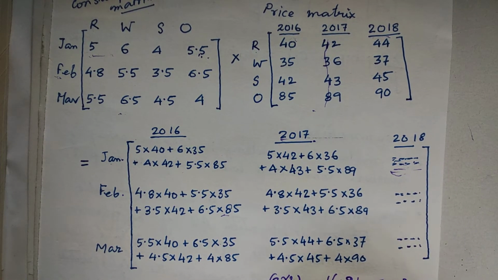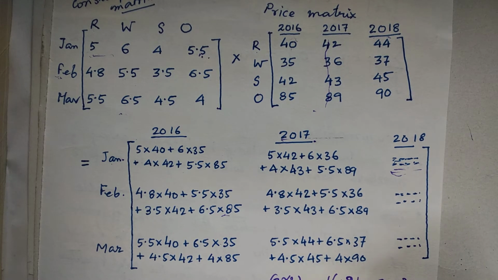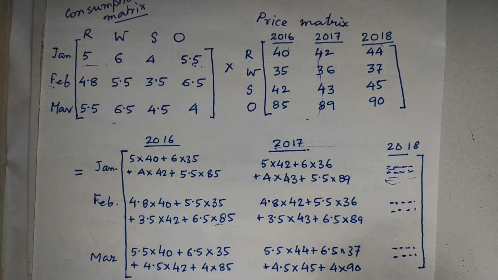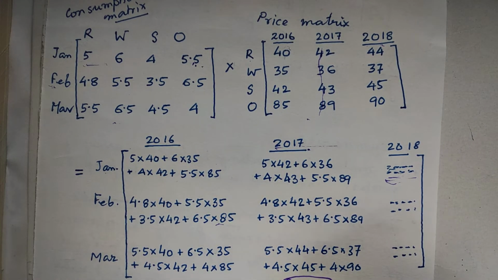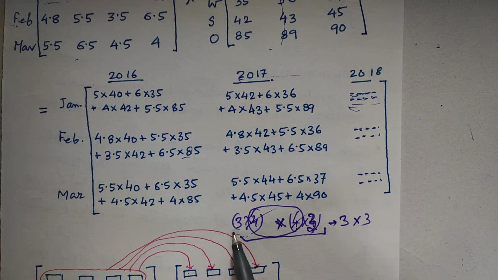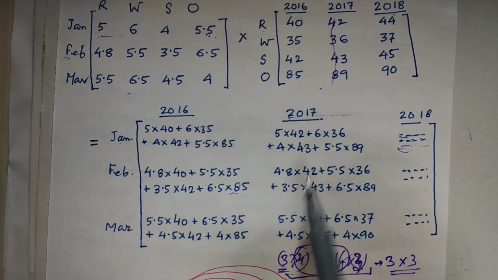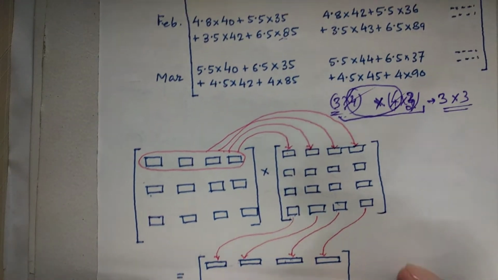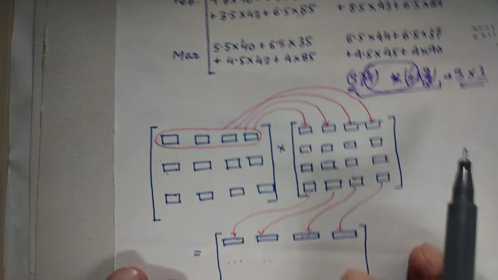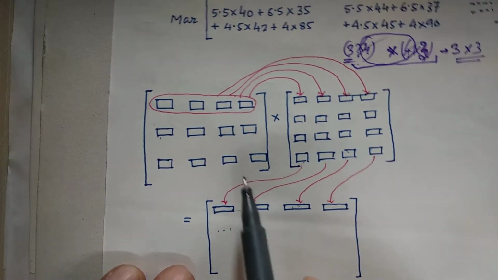Upon multiplying these two, we get a 3 by 3 matrix. Wipe out these two, you will get a 3 by 3 matrix, like the one presented here. In this way, the general method of multiplication of matrices is depicted here.